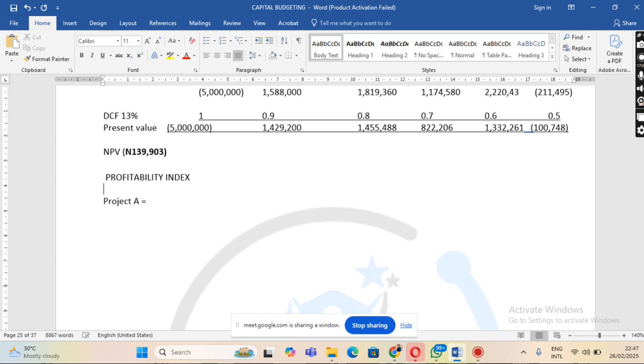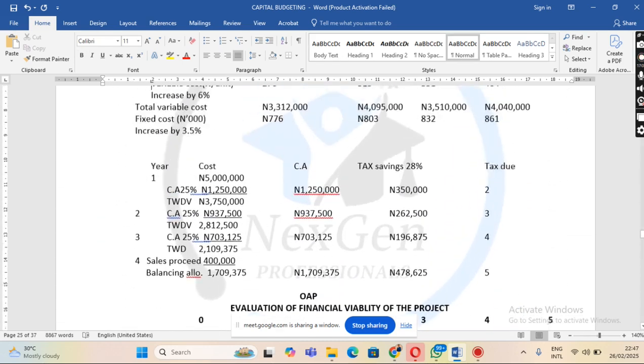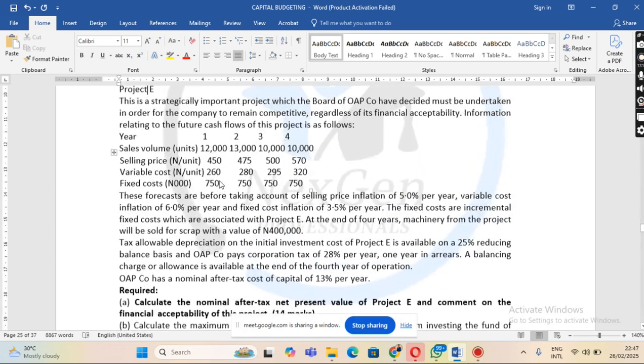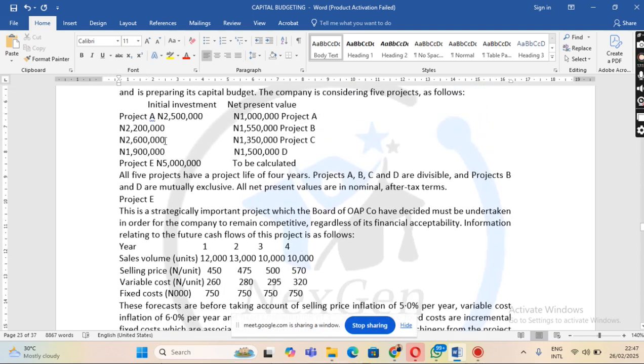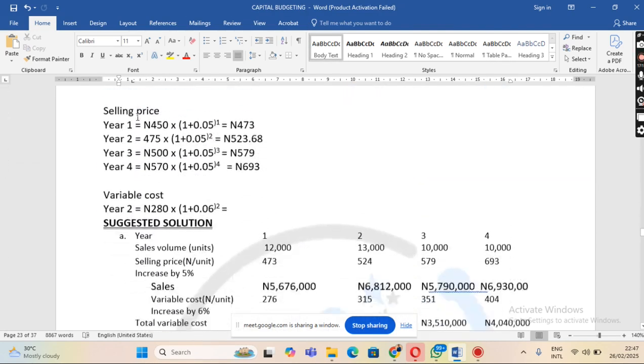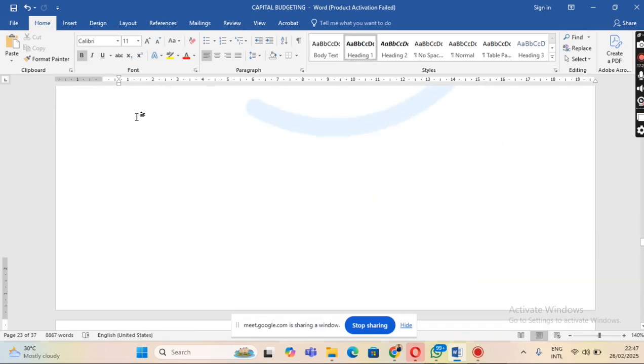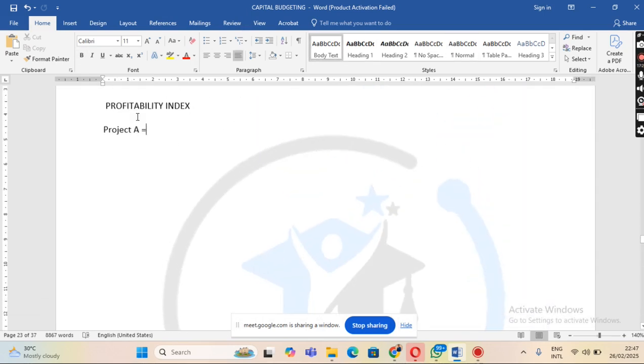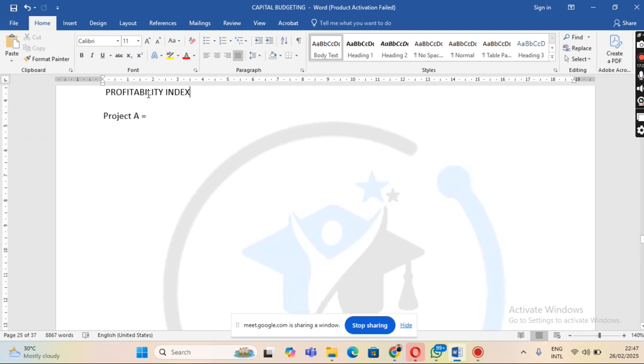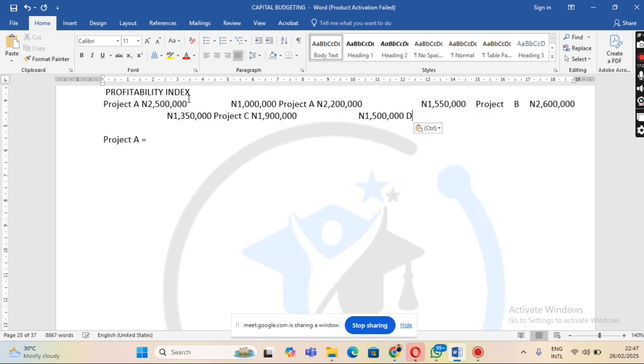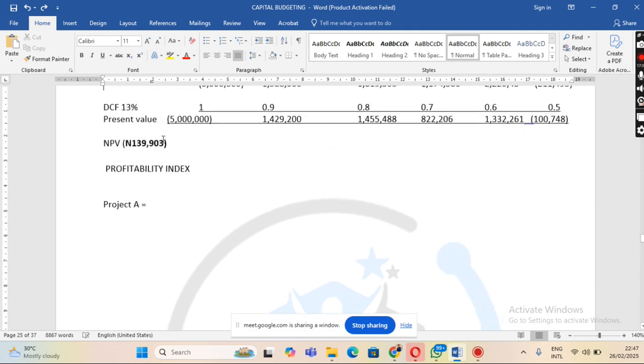The initial outlay, right? So class, quickly, I need to copy all these things so that will make us be faster. This thing has scattered again. Okay, this is what we'll do.